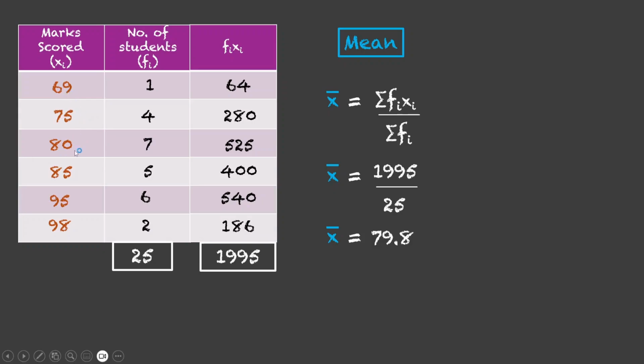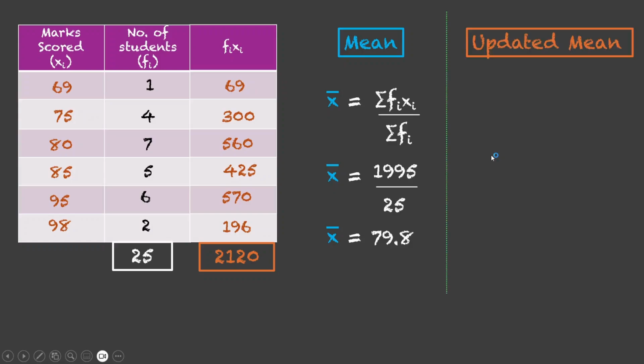Since the values of xi have changed, the values of fi into xi would also change. So this would be 69, 75 into 4 is 300, this would be 560, this would be 425, then we have 570, and 98 into 2 is 196. Let's calculate its total, which is 2120.